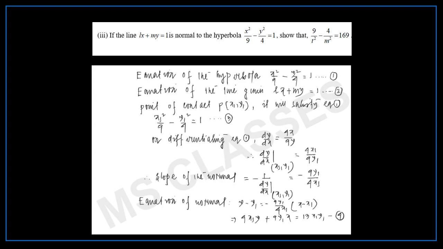Now we compare with the given equation, that is equation 2 and equation 4. So on comparing equation 2 and 4, we get 9y1 by L equal to 4x1 by m equal to 13x1y1 by 1.